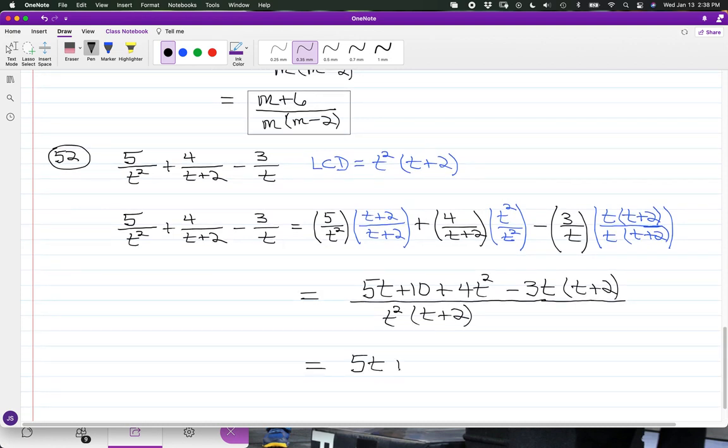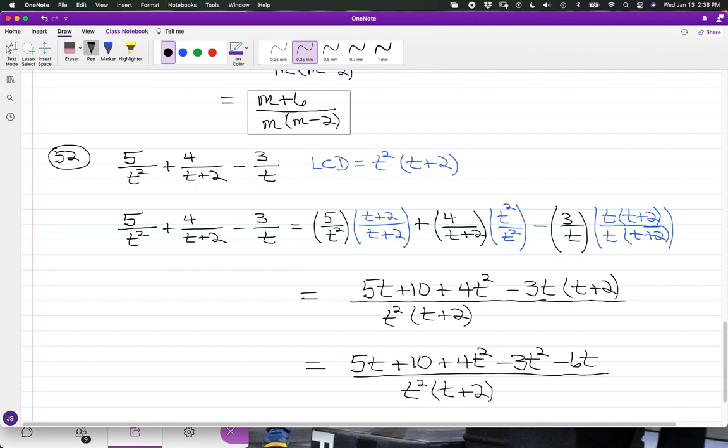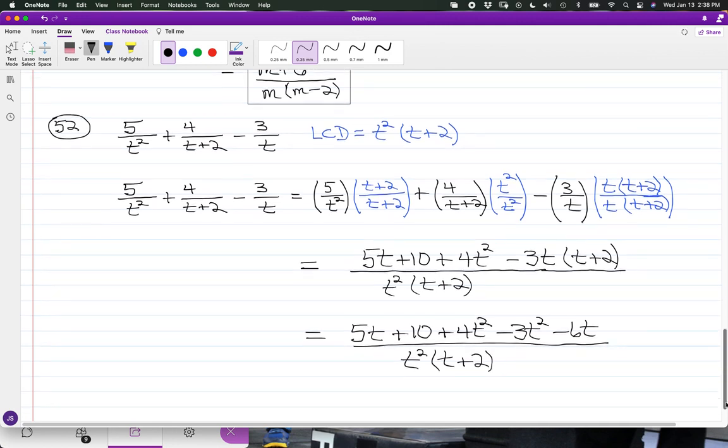So I have 5t plus 10 plus 4t squared, and negative 3t times t is negative 3t squared, and minus 6t, all over t squared times the quantity of t plus 2.